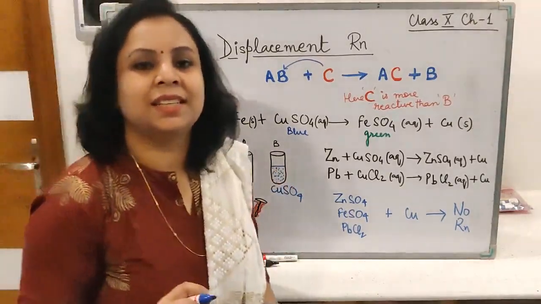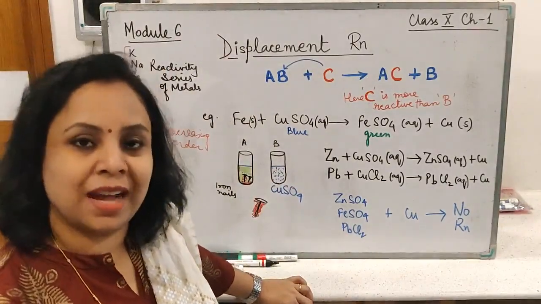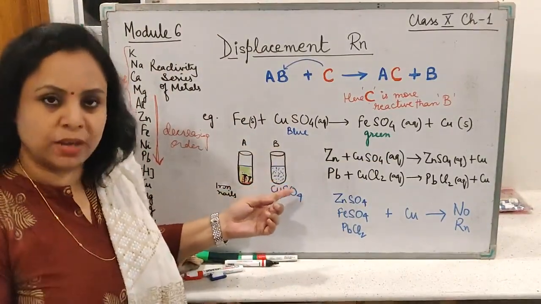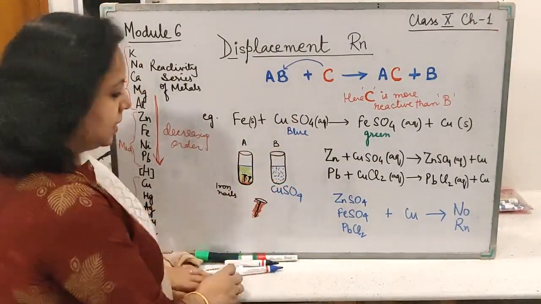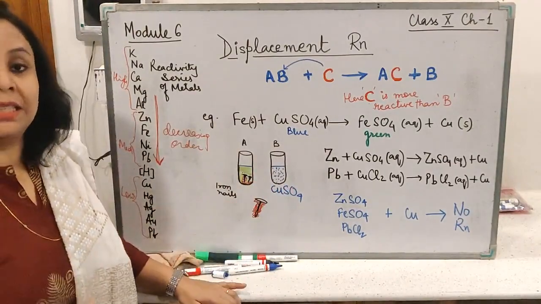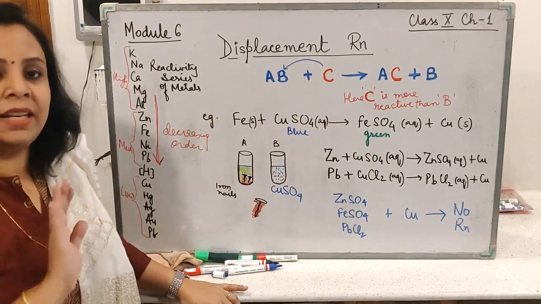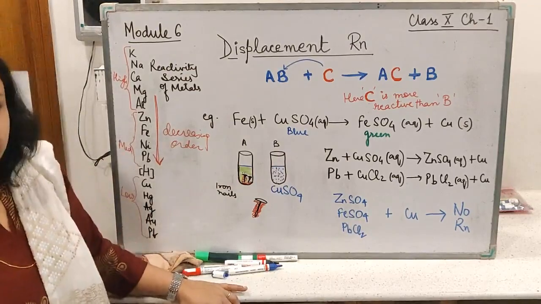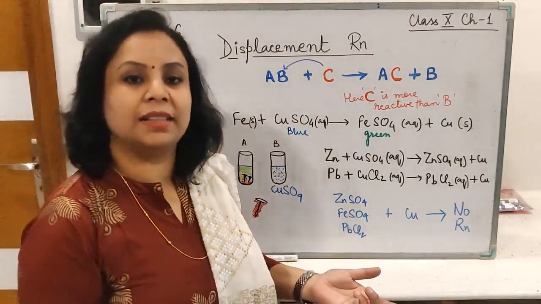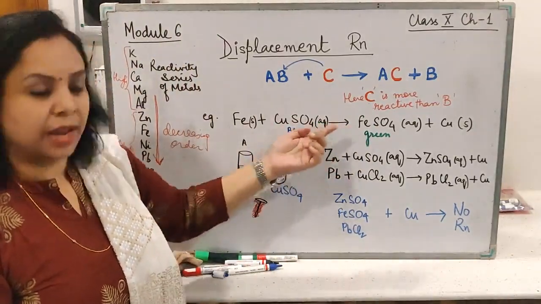So this reaction is accompanied by a change in color from blue to green. Initially it is in blue color, and once the reaction starts occurring, it starts turning towards green, pale green in color, and copper is displaced.